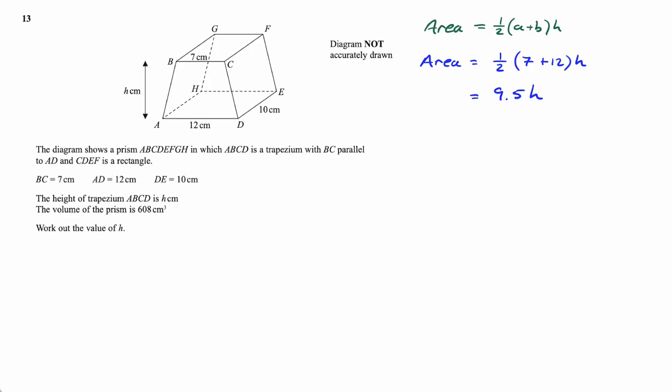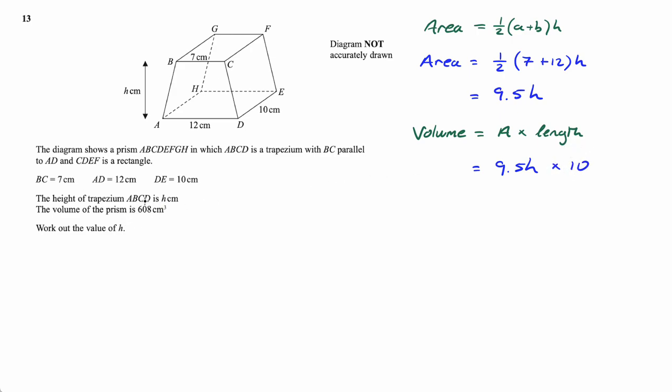The volume of a prism is always, guys, area times length. Area times length. What's our area? Well, our area is 9.5 h. Our length is 10.